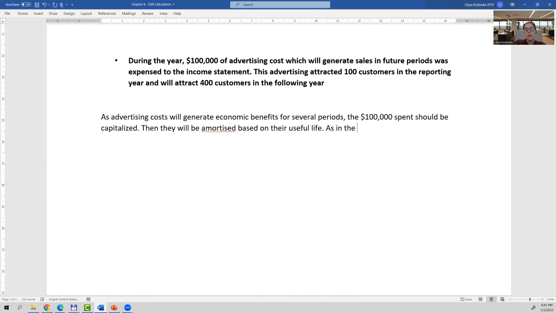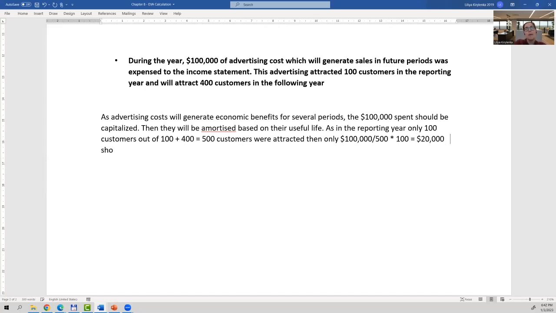As in the reporting year, only 100 customers out of 100 plus 400 equals 500 customers were attracted, then only 100,000 divided by 500 total customers multiplied by 100 equals 20,000 should be deducted from operating profit as amortization.